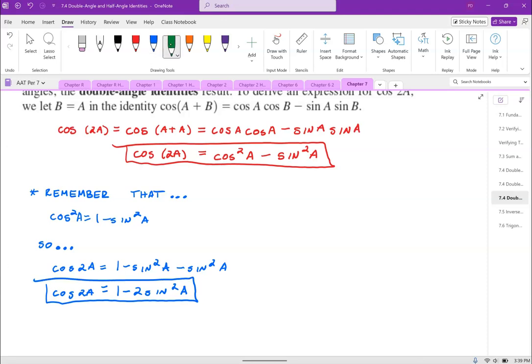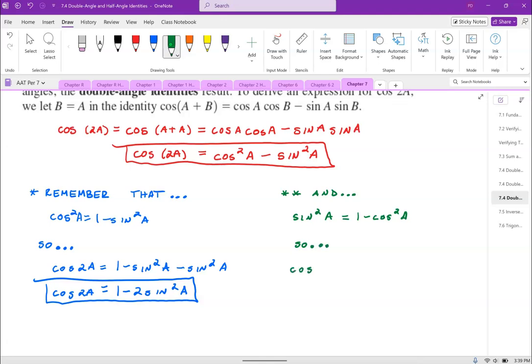And guess what? Unfortunately, there is a third version. The reason is that we also have sine squared A equal to 1 minus cosine squared A, so we could replace sine squared as well.